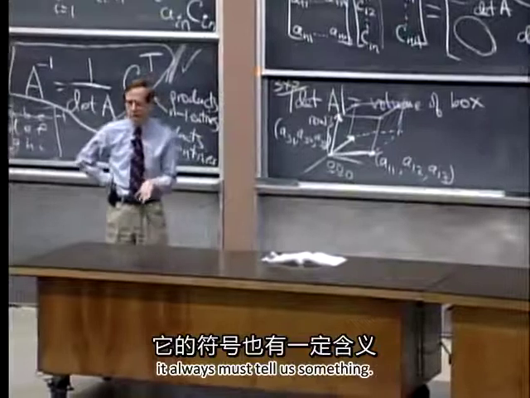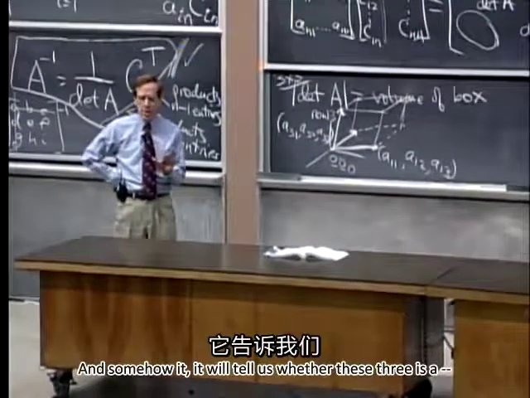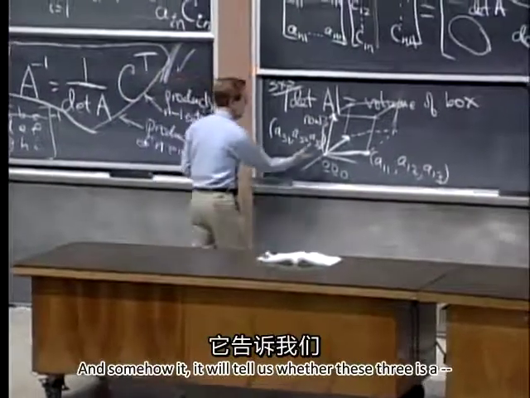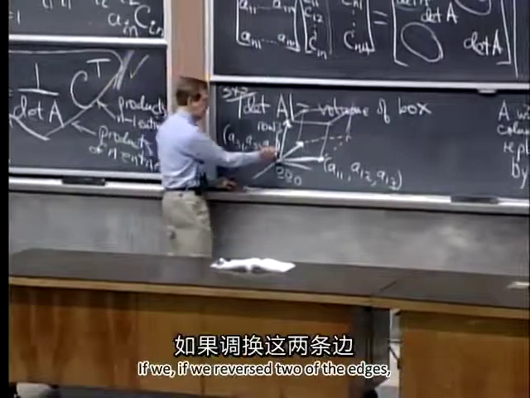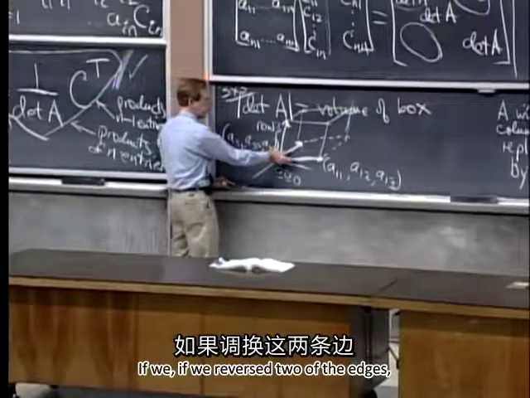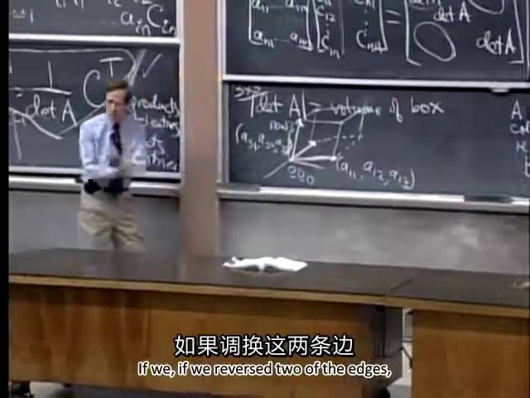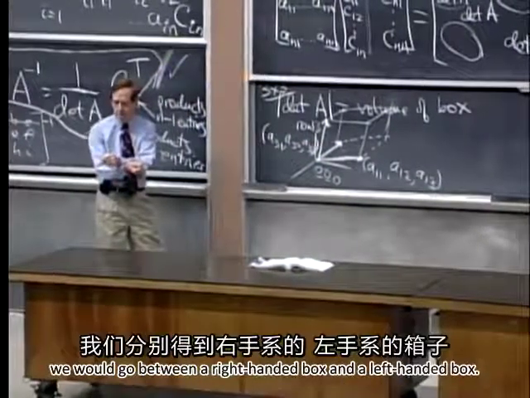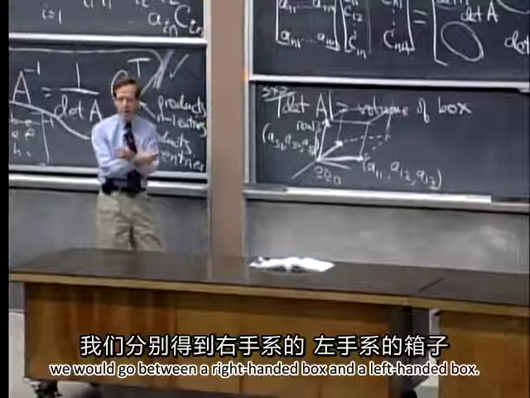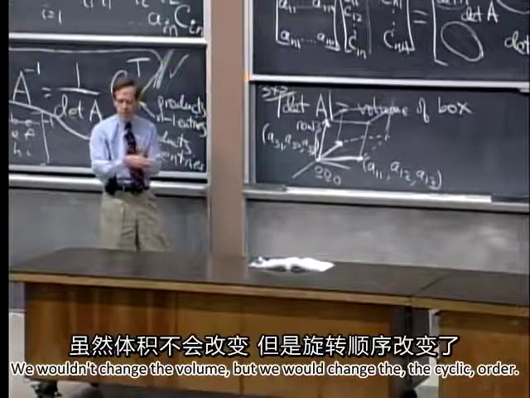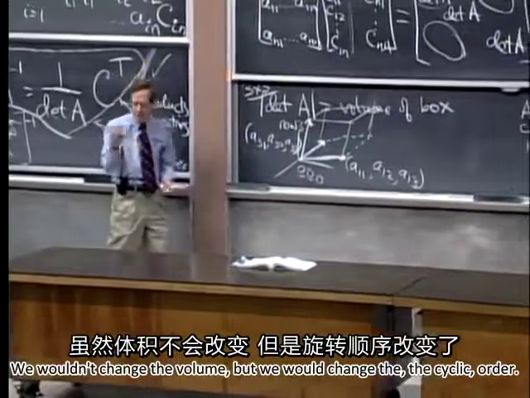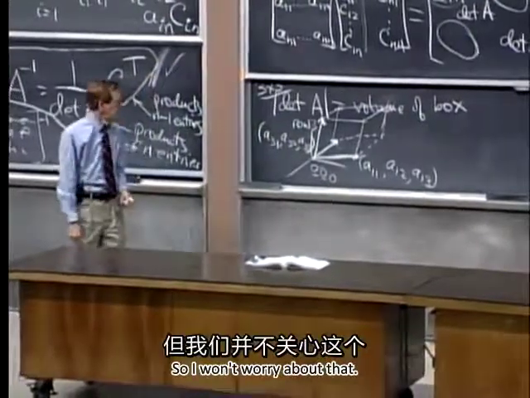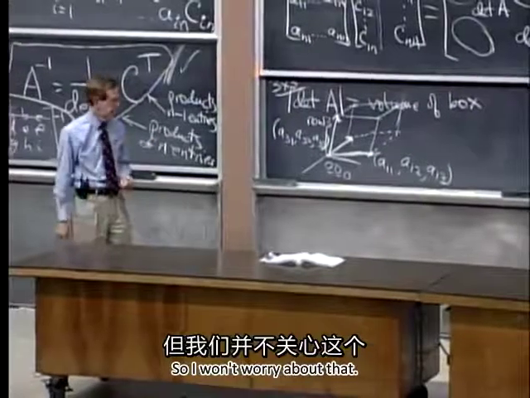It always must tell us something. Somehow it will tell us whether it's a right-handed box or a left-handed box. If we reversed 2 of the edges, we would go between a right-handed box and a left-handed box. We wouldn't change the volume, but we would change the cyclic order. So that I won't worry about that.